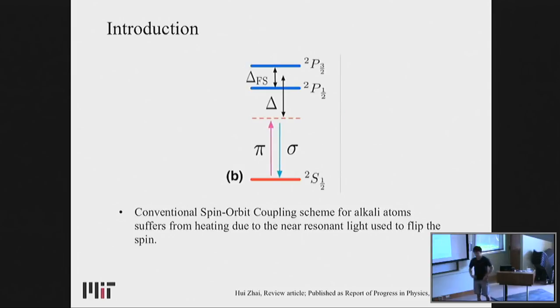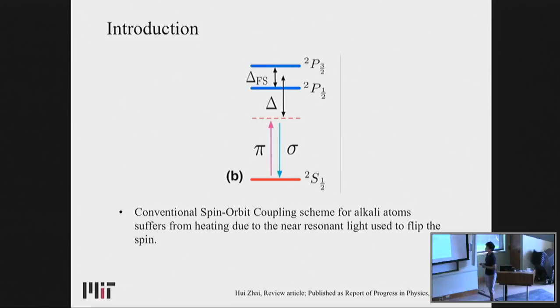However, in this scheme there is a fundamental limitation. Because we are using two Zeeman levels as the pseudo-spin, as long as we want to flip the spin, we have to talk to a state with a different orbital angular momentum.